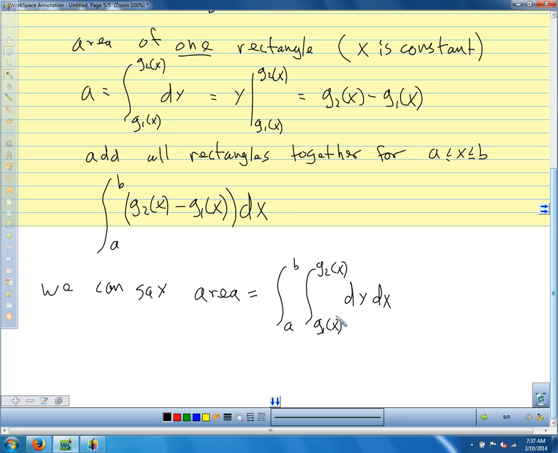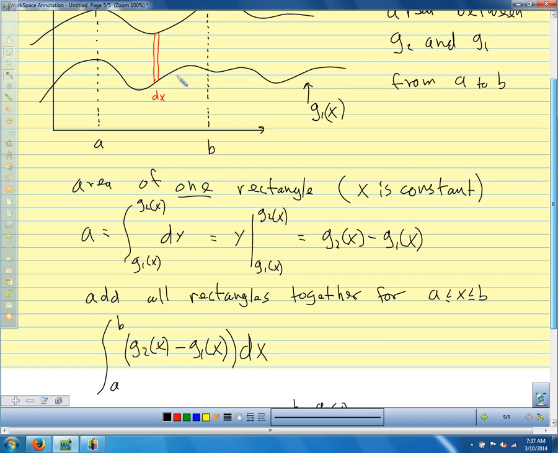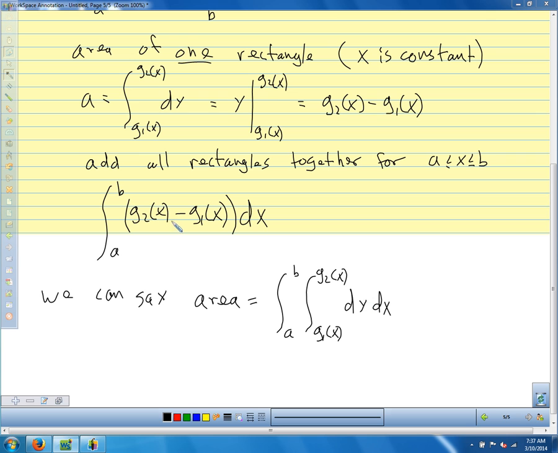So this is a geometric interpretation of this iterated integral with no function inside, just an iterated integral dy dx. That's the area of this plane region. And after we evaluate this first integral, it turns into our familiar integral that we use in Calc 1 to find that area.